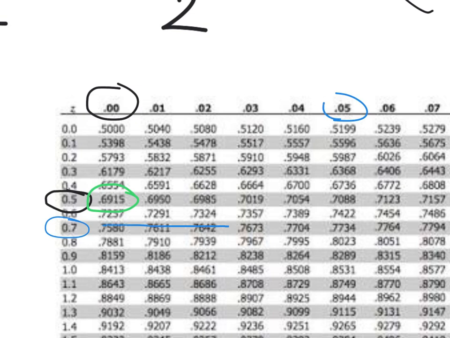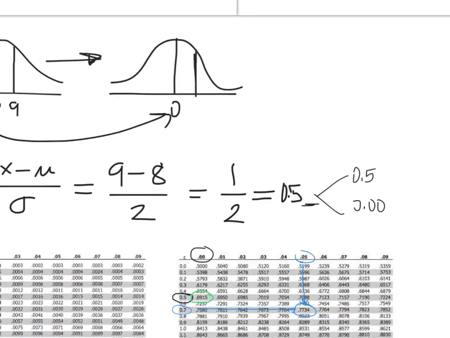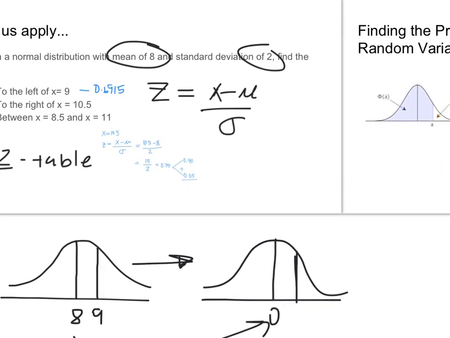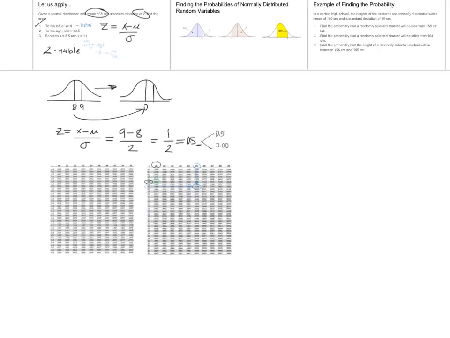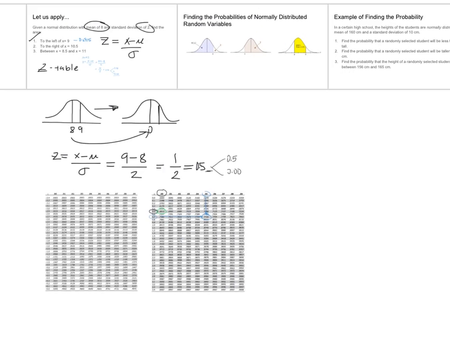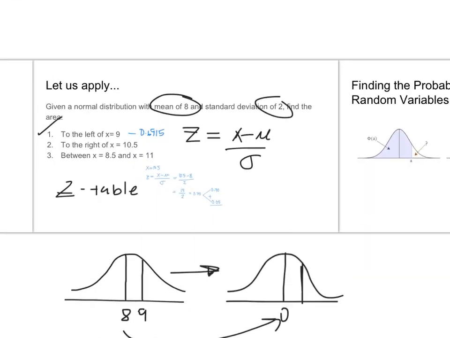Follow the row and follow the column, and this is the area to the left of 0.75. In that area, we take note of 0.7734.